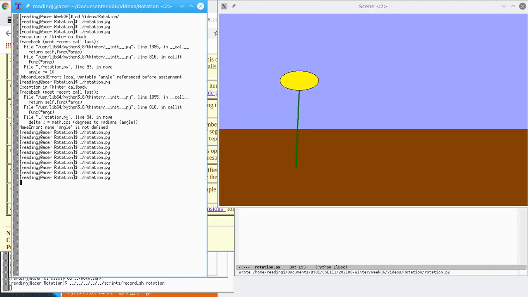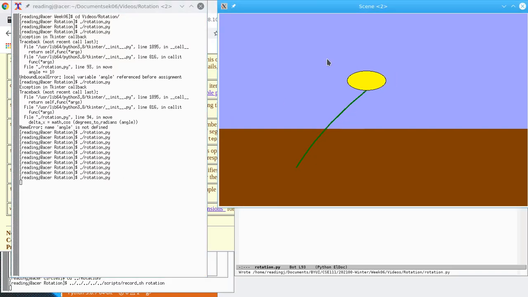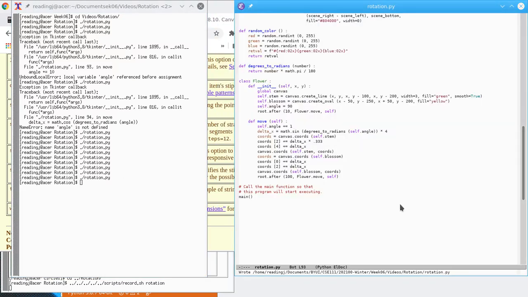So now, why did we go back to that? That's not at all what I intended. So something here is not working the way I expected.